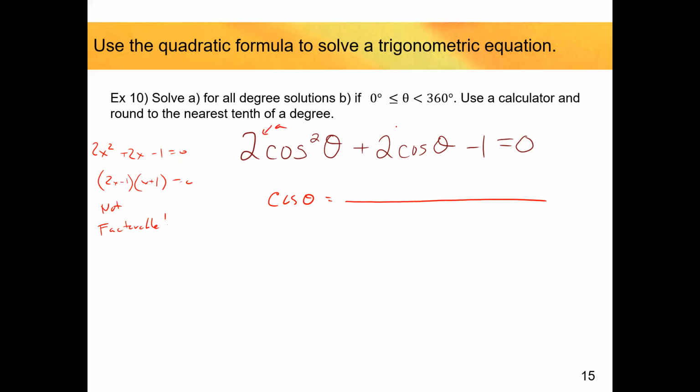This is A, that's B, and that's C. And if you need to look up the quadratic formula, please look it up. It's negative B plus or minus the square root of B squared minus 4AC, all over 2 times A.